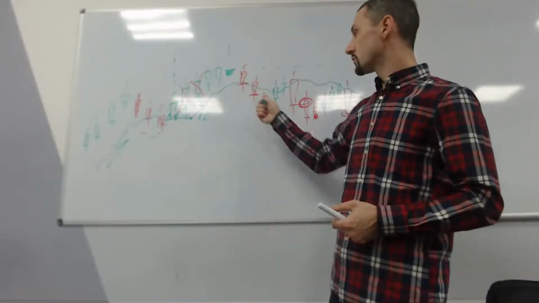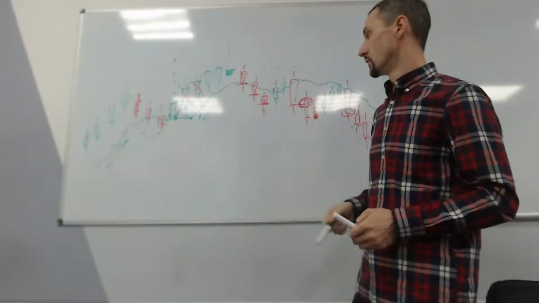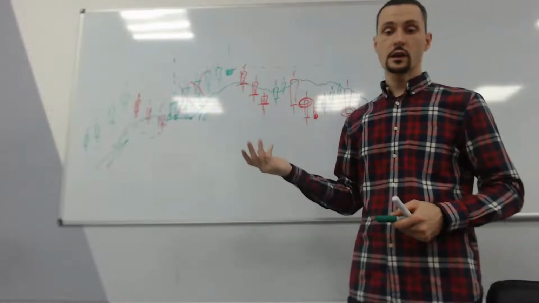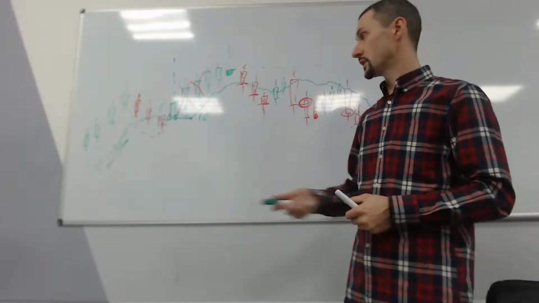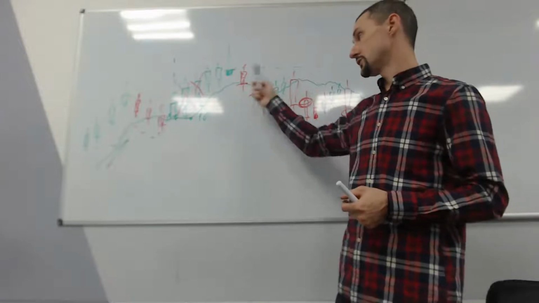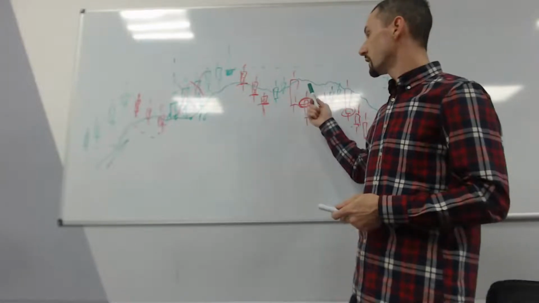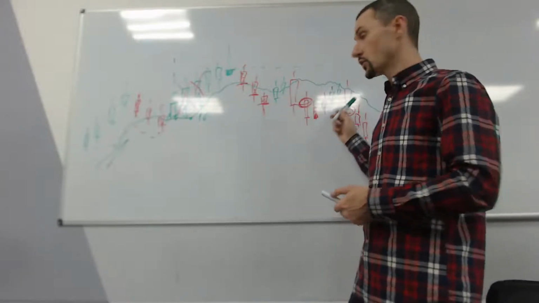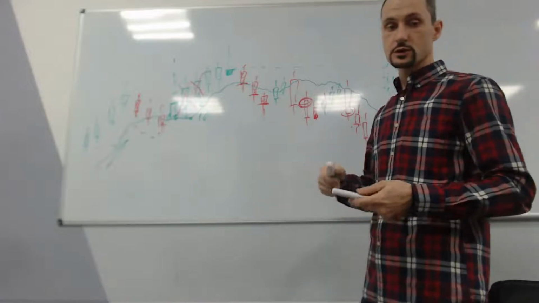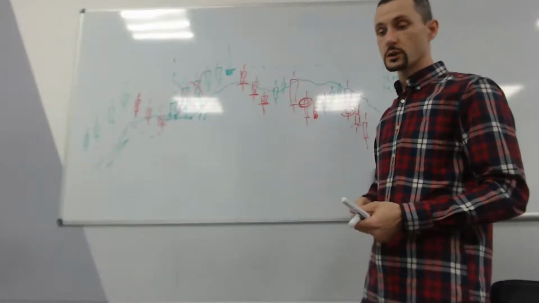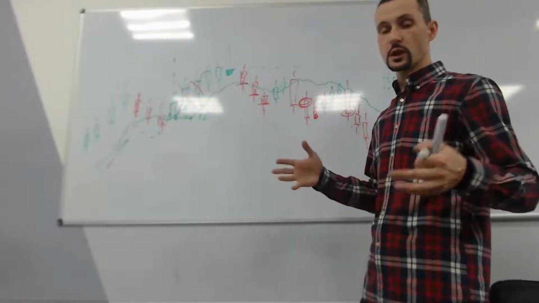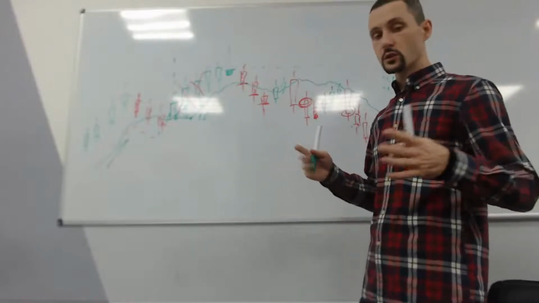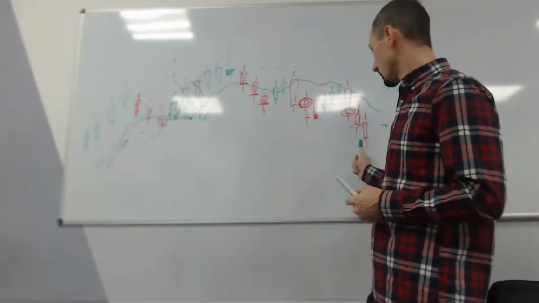When it breaks through and confirms the breakthrough, it helps us understand that the uptrend is finished and we are at the beginning of a new downtrend. And you should understand the expiration time: take a little bit more expiration time, a time lag, and you're going down.